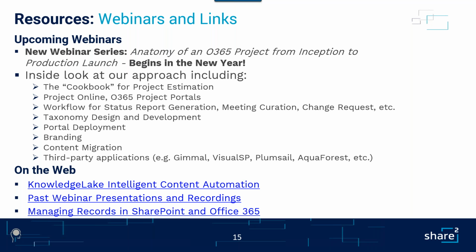I did this slide very quickly this morning. We'll cover things like this internal tool called the cookbook that we use for project estimation. We'll show you how we estimate projects and teach you about that. We'll show you how we use Project Online to manage our projects. Each customer that we work with gets an Office 365 project portal.